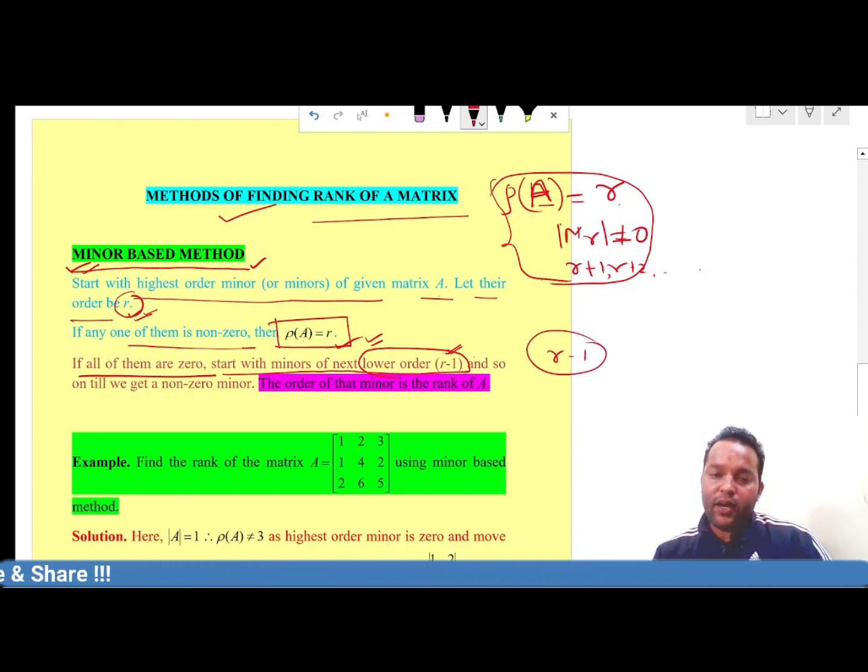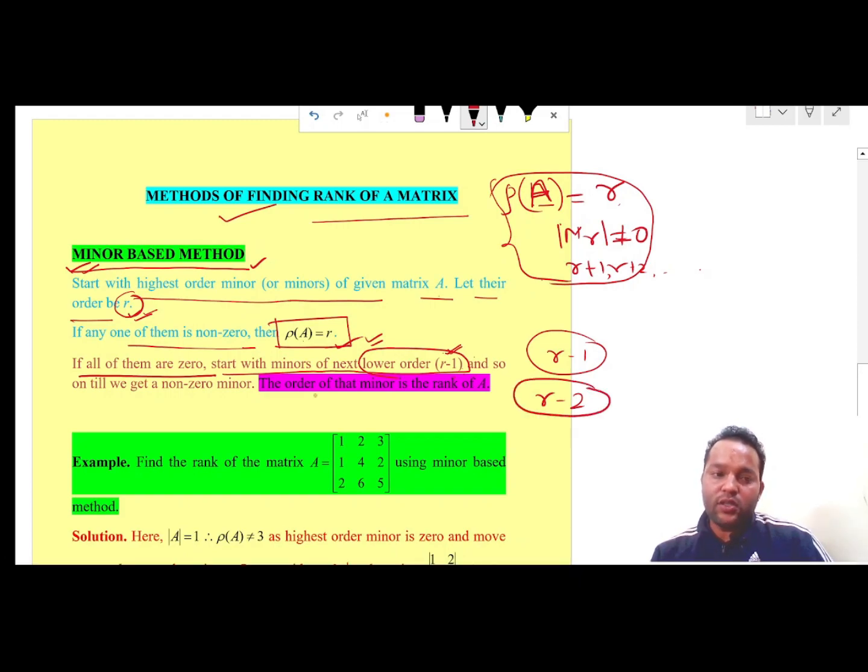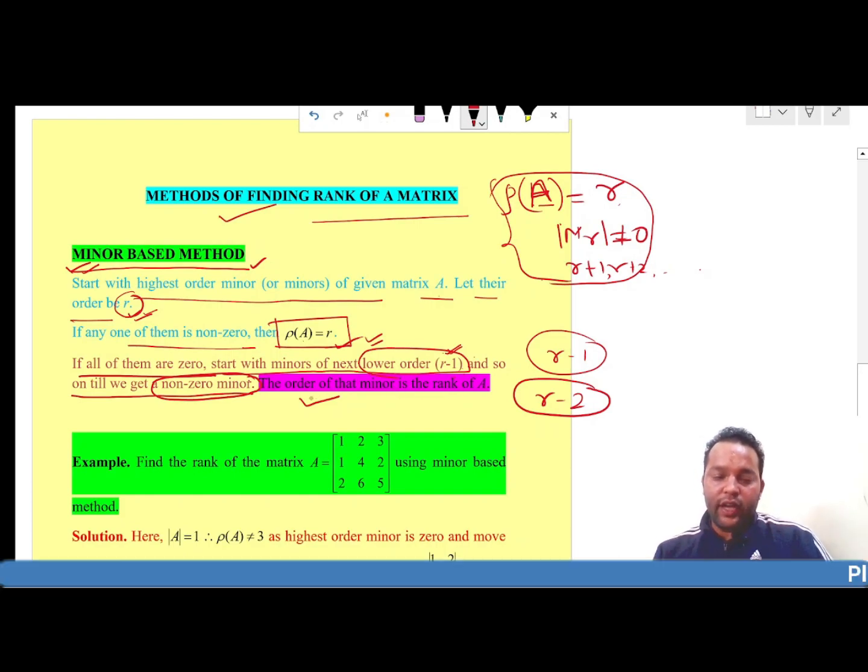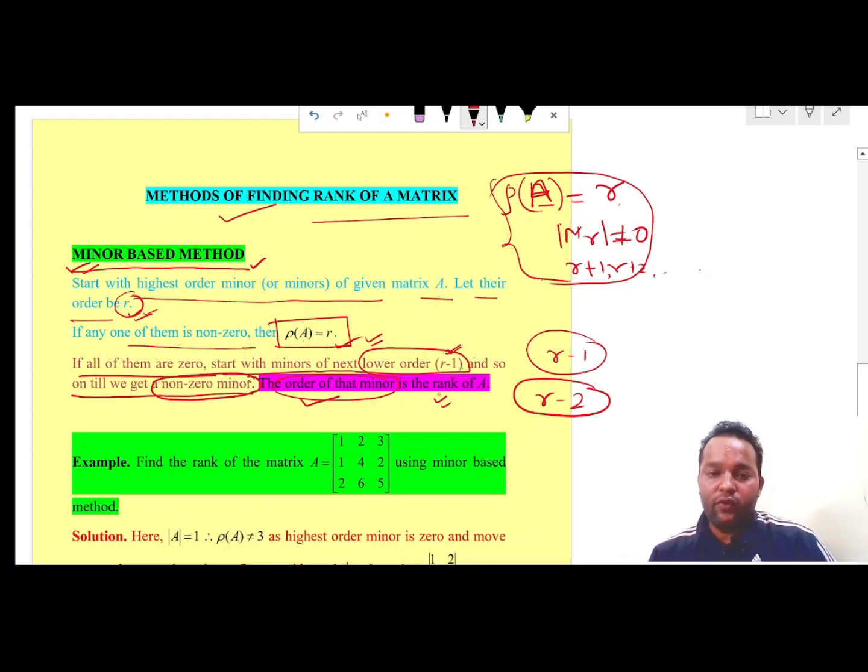Suppose all of them are 0, then we find the minors of the next lower order, that is order r minus 2. This procedure is followed until we find a non-zero minor, and the order of that minor whose value is non-zero is the rank of the given matrix A.